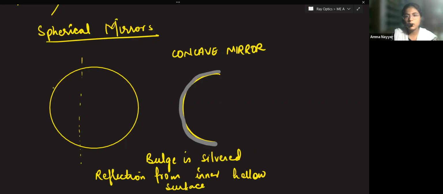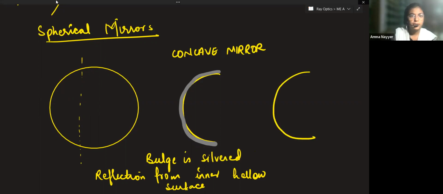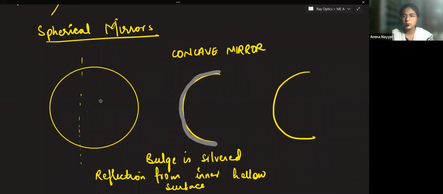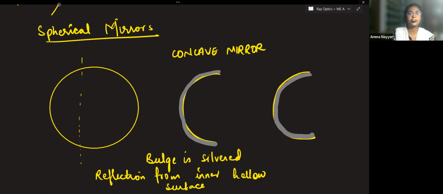Now, instead of silvering this side, if I had silvered this side, with silvering meaning just applying polish, now reflection will occur from this side. This mirror is known as a convex mirror.